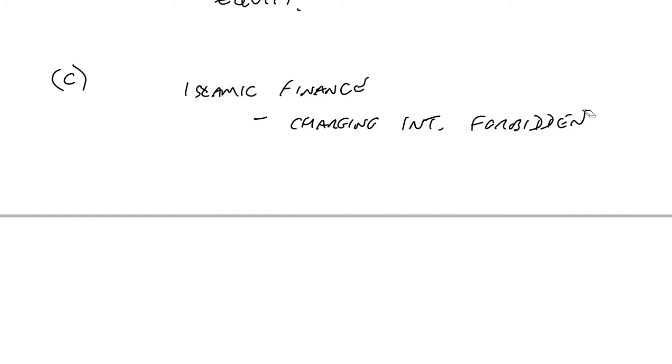Whereas, of course, with conventional finance, ordinary borrowing, as we've got in this question, interest is charged, but with Islamic finance, they're not allowed to charge interest. That's riba. Doesn't matter about using the word.